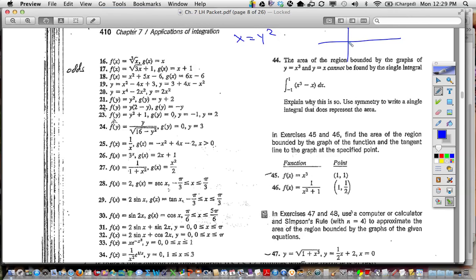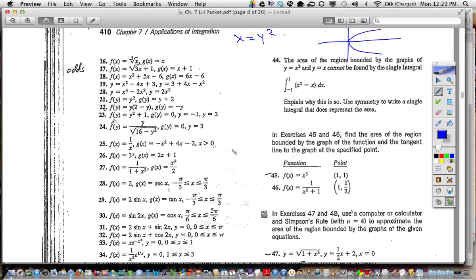We've run into that a few times already, so hopefully you're okay. If you needed to graph that on your calculator, you would graph y equals plus or minus square root of x. You need the plus and the minus, the top half and the bottom half. The top half is just square root of x, and the bottom half is negative square root.